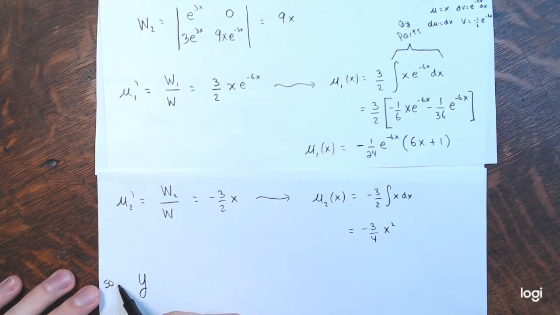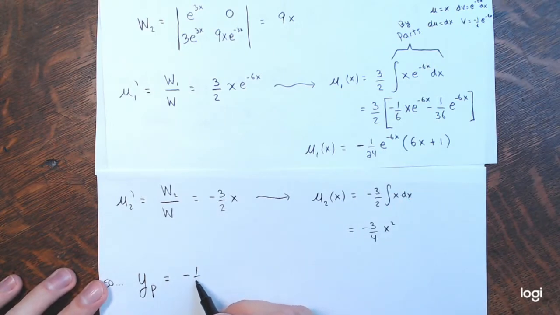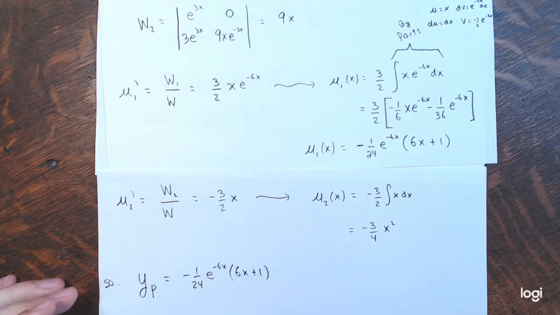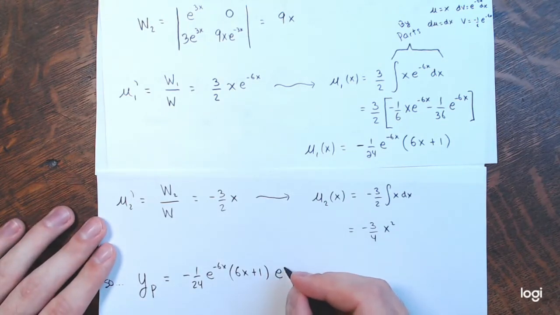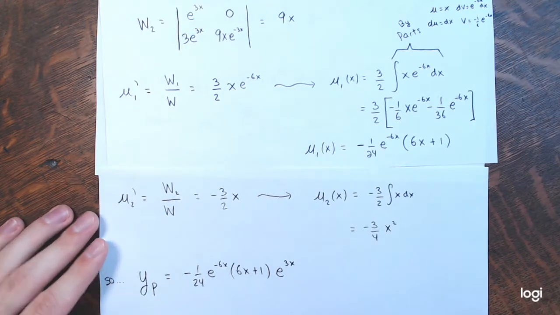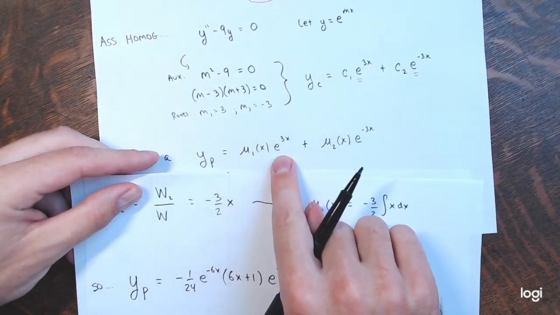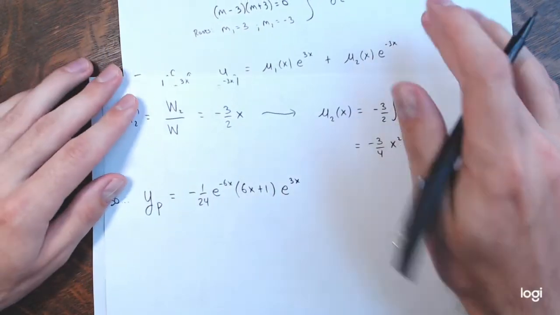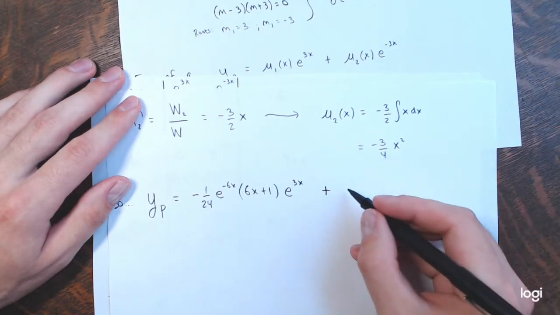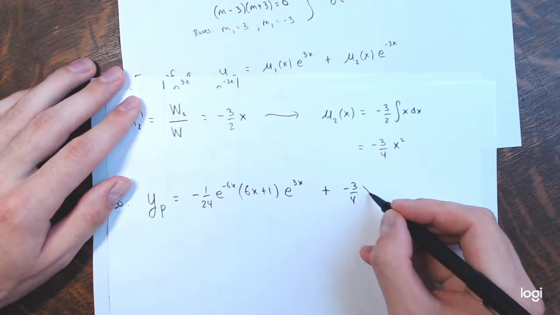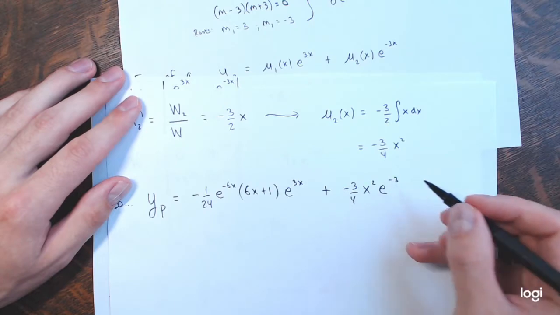So yp, a particular solution to this differential equation, is u1, so negative 1/24 e to the negative 6x times the quantity 6x plus 1, times e to the 3x, right, which I'll simplify in a second, because it's like this, u1 times e to the 3x plus u2 times e to the negative 3x, so plus negative 3/4 x squared times e to the negative 3x.